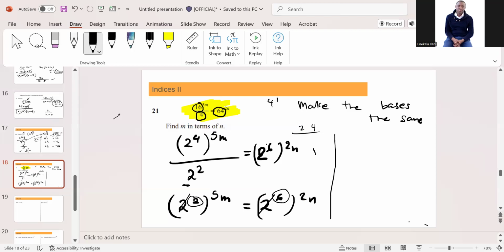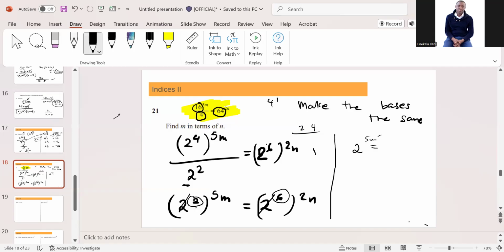Like I said before, the bases are the same, so they can cancel out. Then you end up with just 2, because the base is cancelled out, so the exponents will remain. 2 equals 2 to the power of 5m.